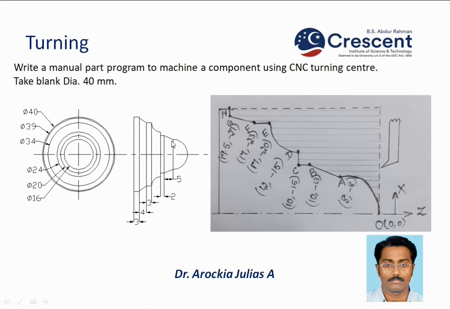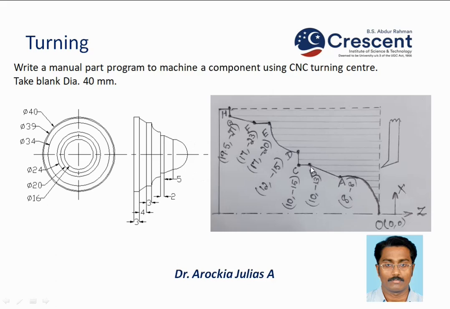Now there is a step, I mean a taper. The next point is B, which is at 5 units in the z direction and the dia is 20. For that particular point the dia is 20, so the radius will be 10. So x will be 10 and z will be 8 plus 5, so the total will be 13.